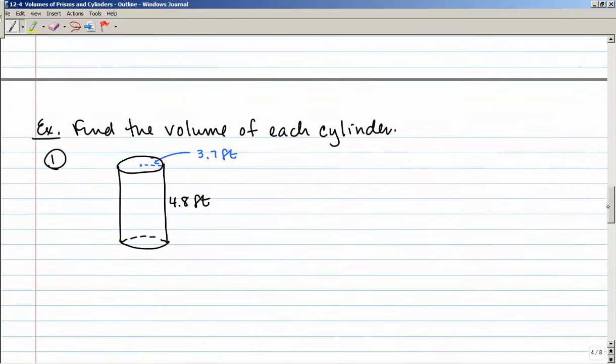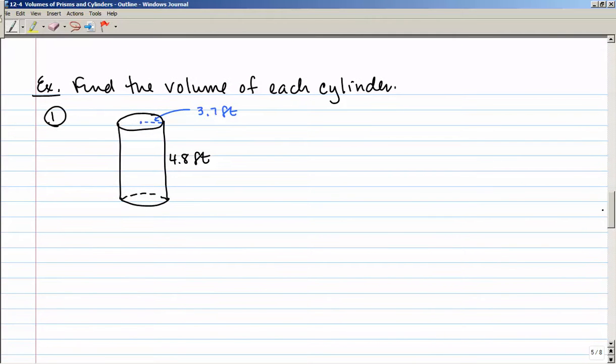Let's take a look at a couple examples here. So here we have a cylinder, and the radius is 3.7. The height is 4.8. So I'm just going to plug those into my formula.